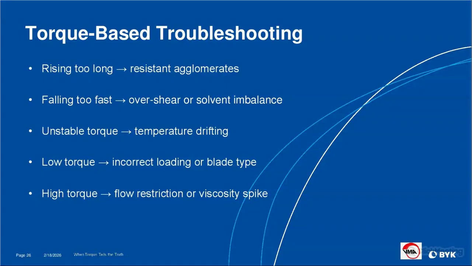A lot of times with low torque, your blades are not properly sized for the vessel, so you're not able to impart enough energy into the system, and then with high torque, you get flow restrictions from high viscosity products that may be causing a viscosity spike.